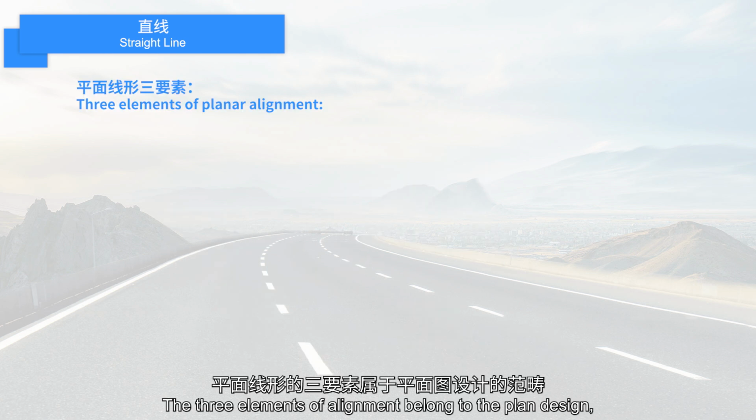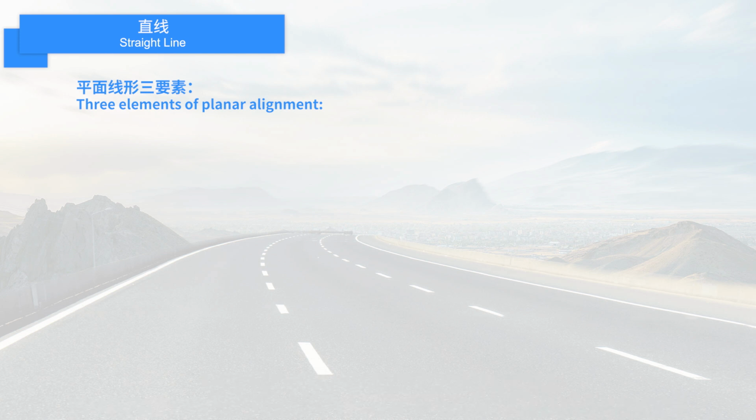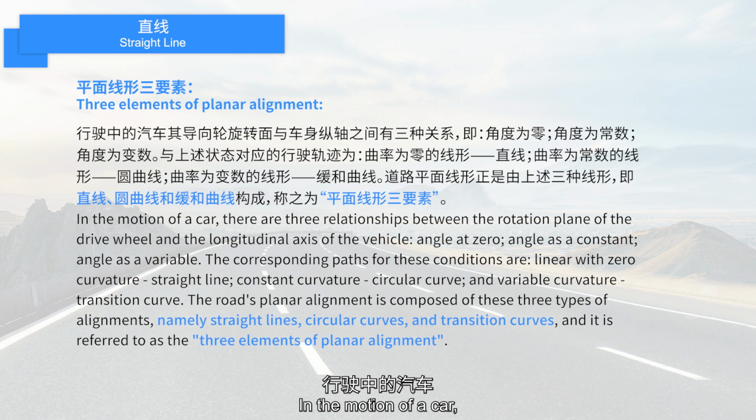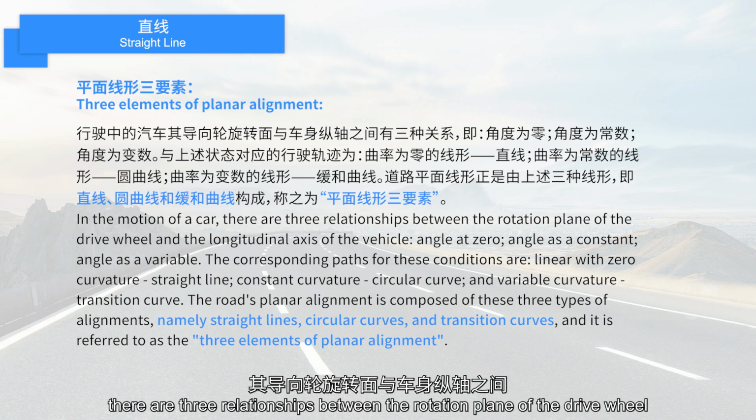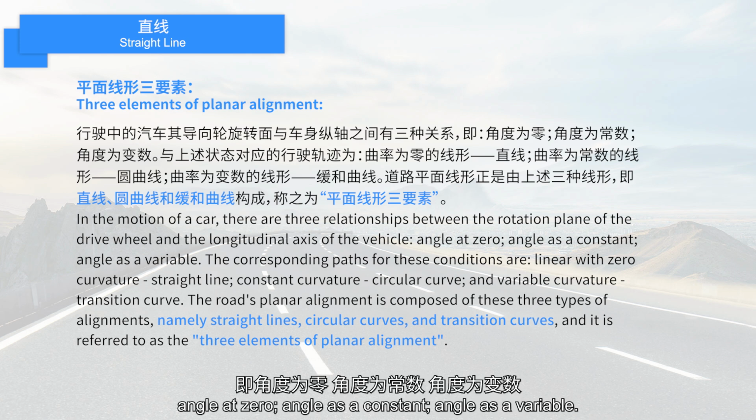The three elements of alignment belong to the plan design, and they are geometric shapes refined based on the trajectory of vehicle movement. In the motion of a car, there are three relationships between the rotation plane of the drive wheel and the longitudinal axis of the vehicle: angle at zero, angle as a constant, angle as a variable.